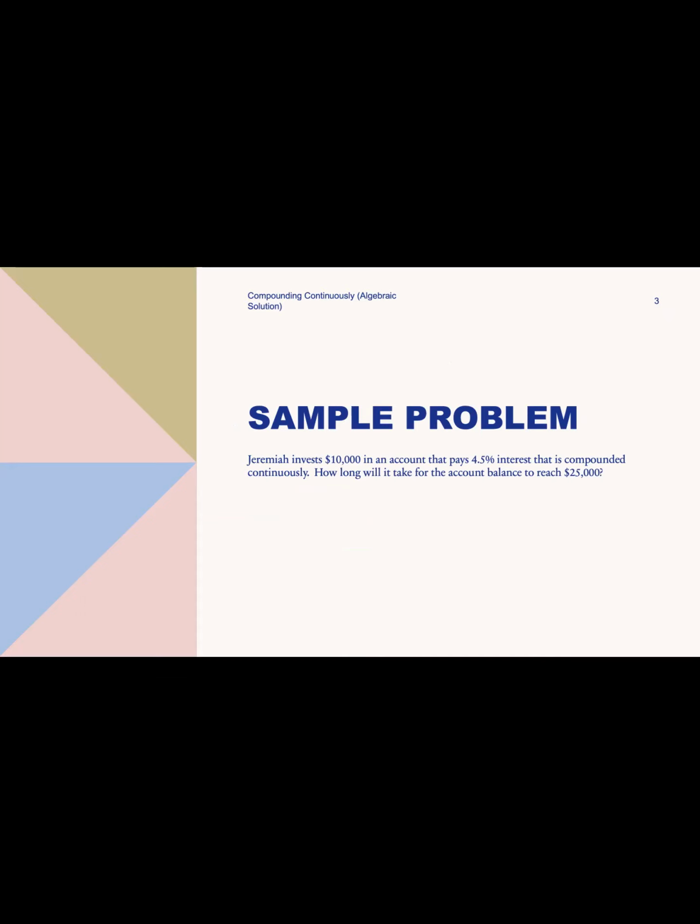What is the key phrase in this problem? Can you pick it out? How do you know which formula to use? If you're saying this phrase here, compounded continuously, then you are correct.